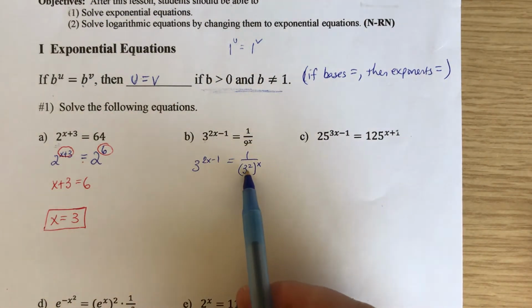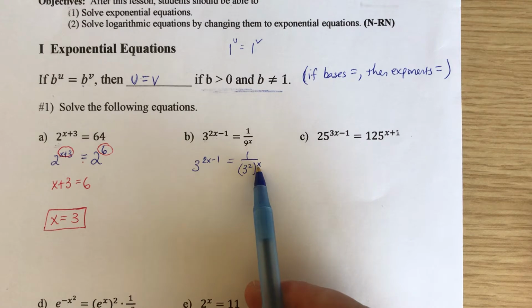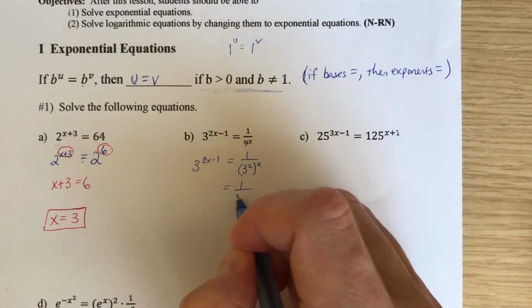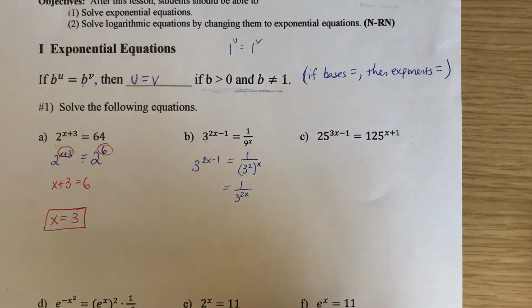Now this is 9 raised to the x. Now we need to use some exponent rules here, that when we have an exponent raised to another exponent, we multiply those. So that's the same as 3 raised to the 2x. Okay, so that's equal to 1 over 3 raised to the 2x power.